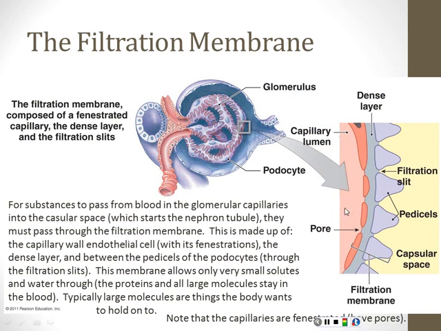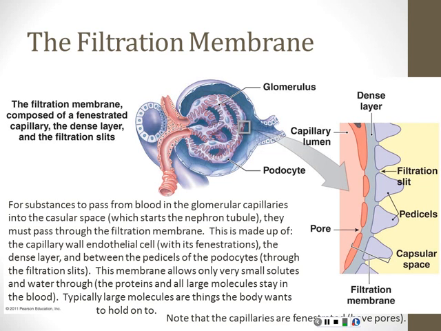This is blood here. This is the wall of the capillary. So this is that endothelial cell, and it has holes in it, right? So here are the holes. The next layer that stuff has to pass through to get from blood to capsule, we call it the dense layer. And essentially, it's a basement membrane. I know we haven't talked a lot about that, but all epithelial cells have a thin sheet that they sit on.